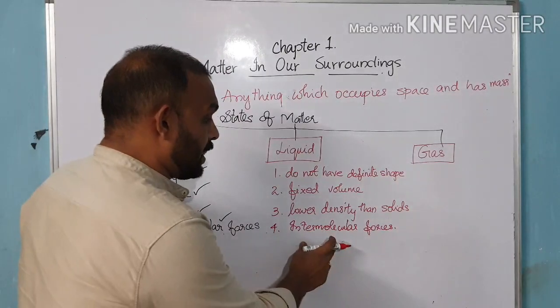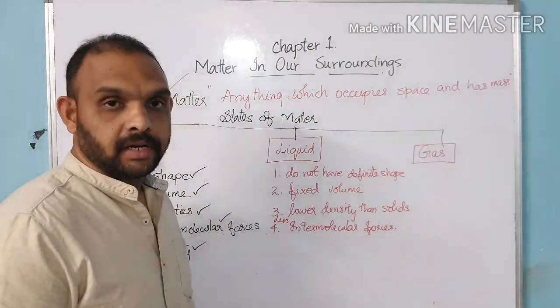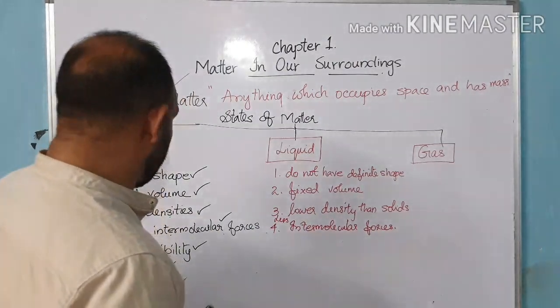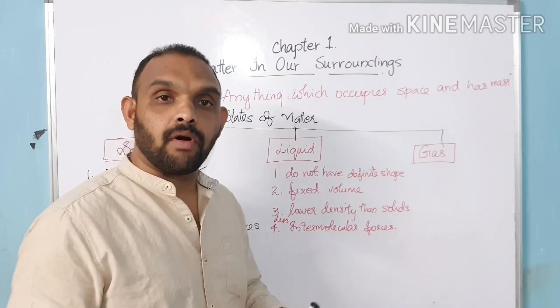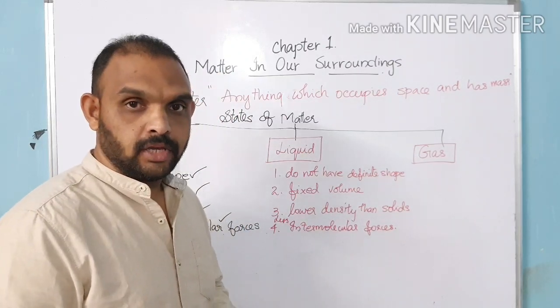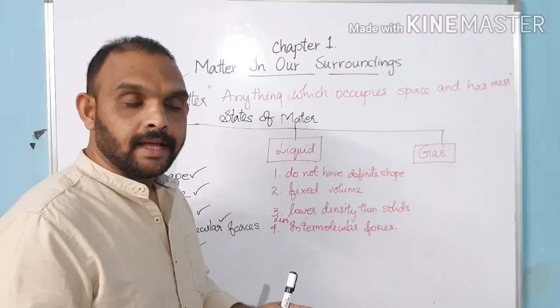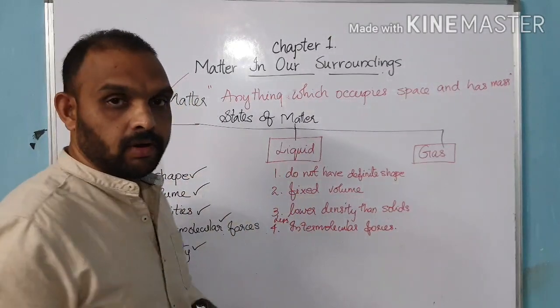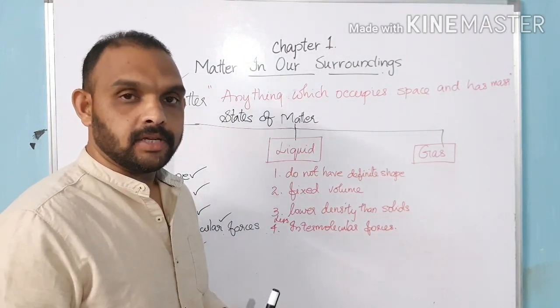So they have less intermolecular force of attraction between the particles of the liquid state. Now, because of less intermolecular force of attraction, particles have more freedom to move here and there. So we can compress liquids easily as compared to a solid.